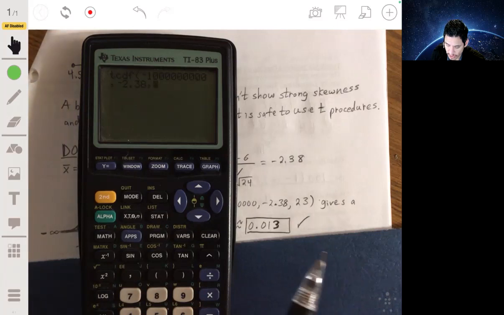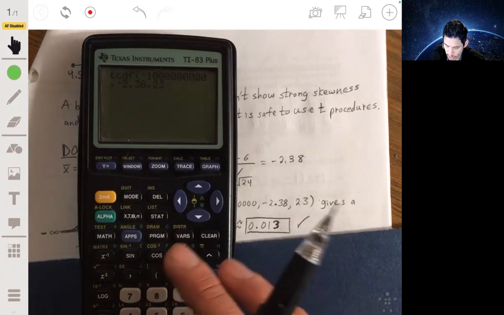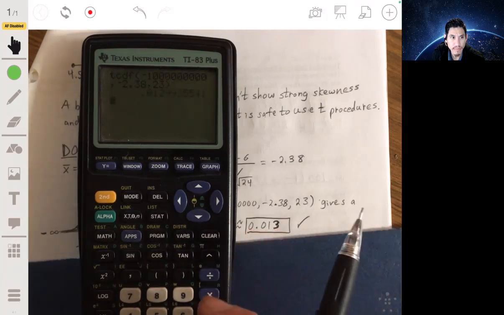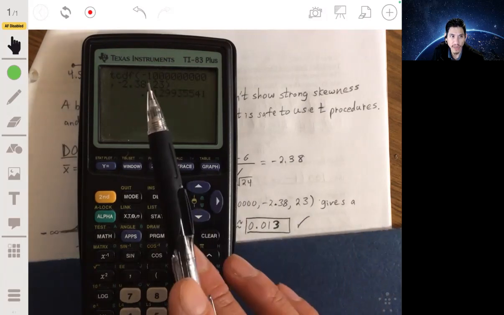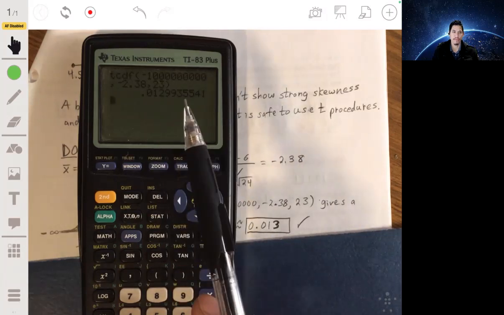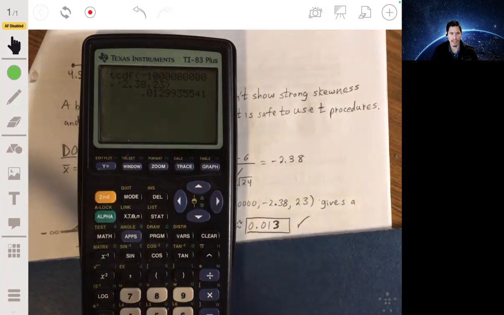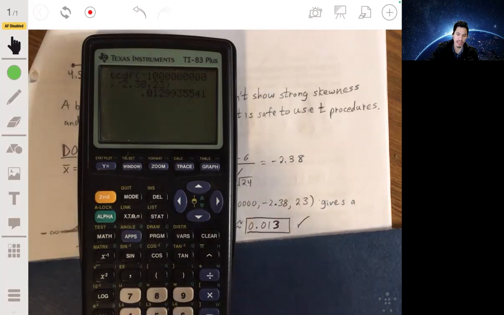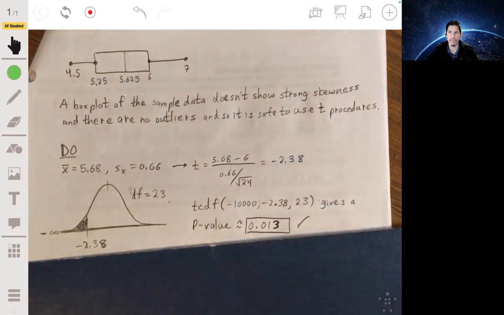And then in degrees of freedom, 23. And you can see that we get a p-value of about 0.013, or about 1.3%. If you have a more advanced or newer version of these calculators, it's probably easier to enter the values because you don't have to memorize the syntax; it'll just say lower bound, upper bound, degrees of freedom.